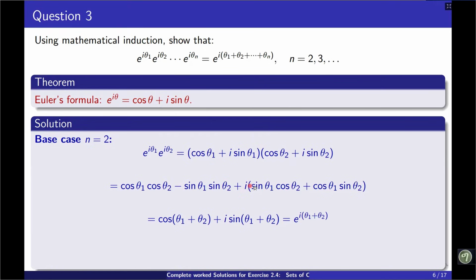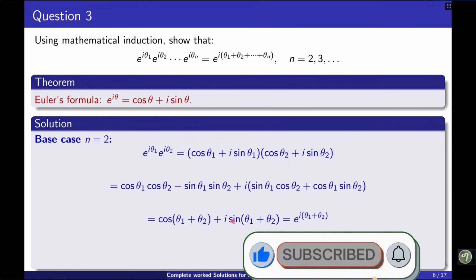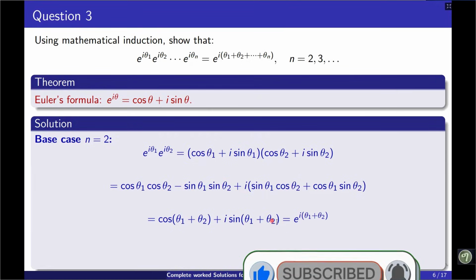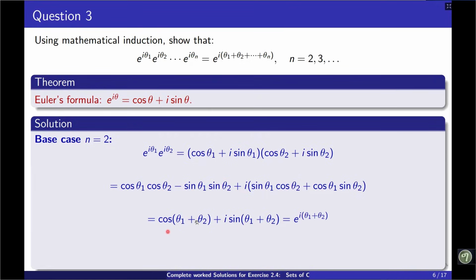And this one enclosed by the bracket becomes I times sine of theta 1 plus theta 2. So this will have the form cos of theta 1 plus theta 2 plus I sine of theta 1 plus theta 2. Therefore, this could be written as e to the power of I times theta 1 plus theta 2.